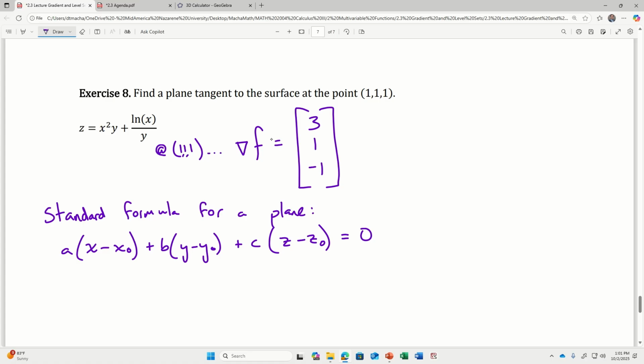What do I choose for A? 3. Because A, B, and C were the entries of my normal vector. What do I choose for x0? 1. Because x0, y0, z0 were just the coordinates of any point on the plane.